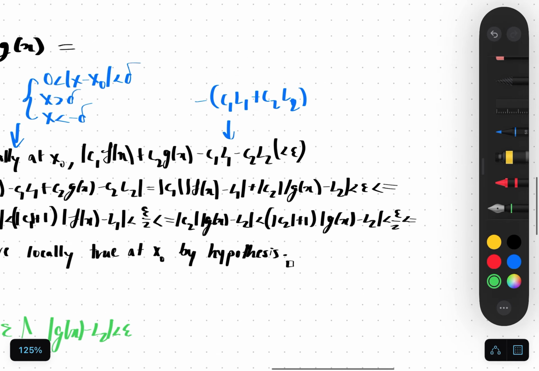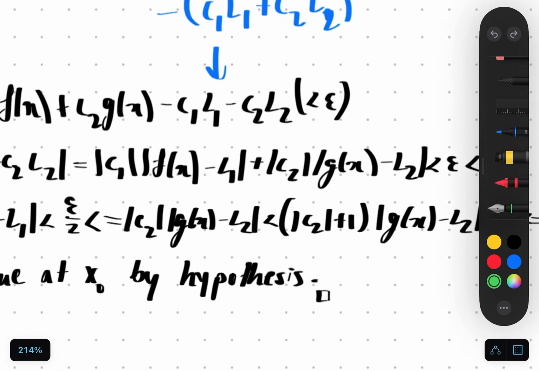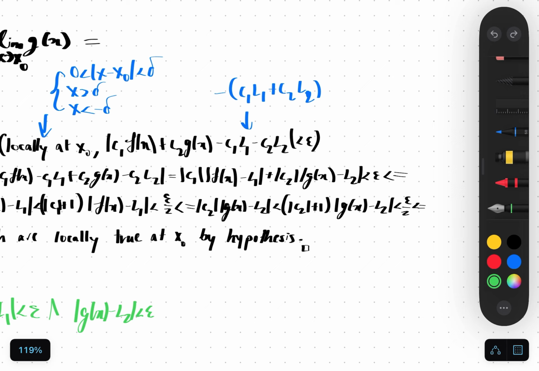The reason we group it is that now we have what we want, this and this. Now we just need to do another step. We could, in theory, just divide by C1 and get it. But first we would like to split it into epsilon over 2, and the other one less than epsilon over 2. We know how to do that.